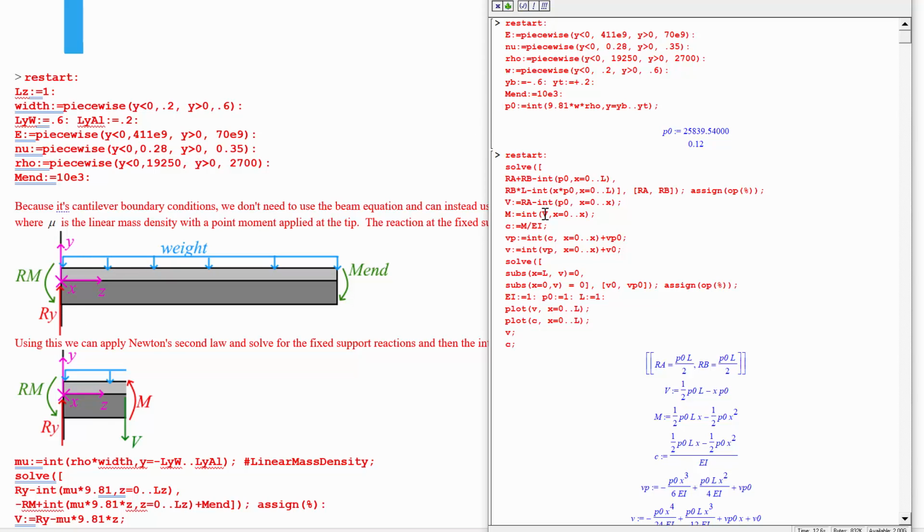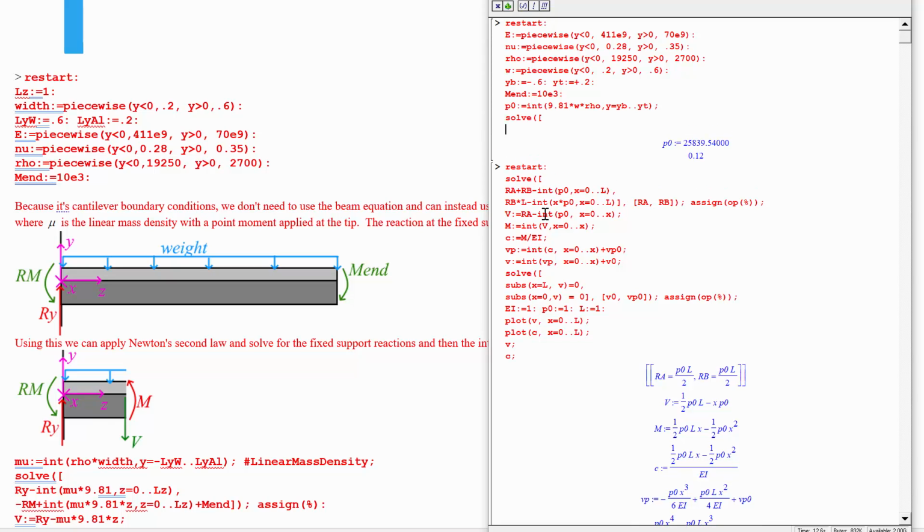So now we can set up our statics equations. So we can say, solve that, so let's see, net force, Ry, minus the integral of P naught from Z is 0 to L. Put in L as well.